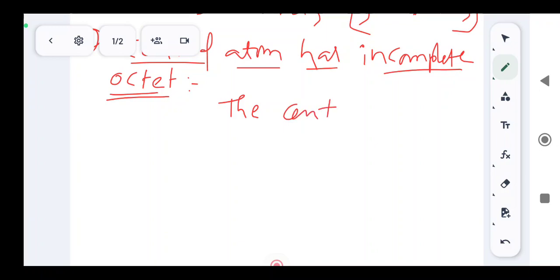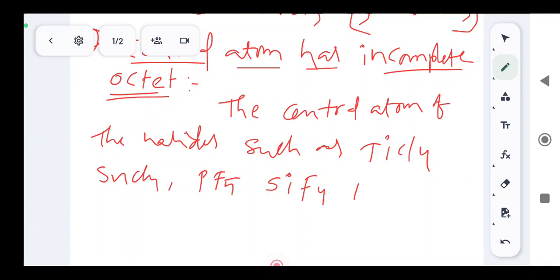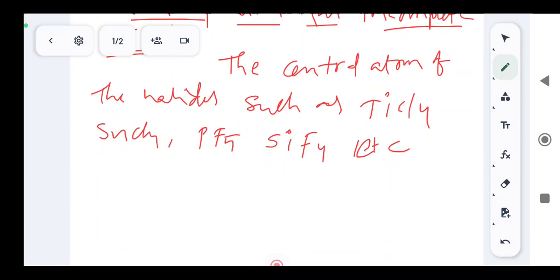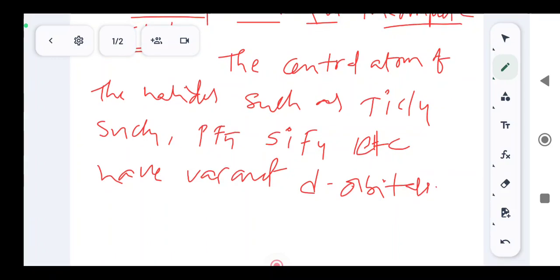The central atom of the halides such as titanium tetrachloride, SnCl4, PF5, SF4, SiF4, etc. have vacant d orbitals.